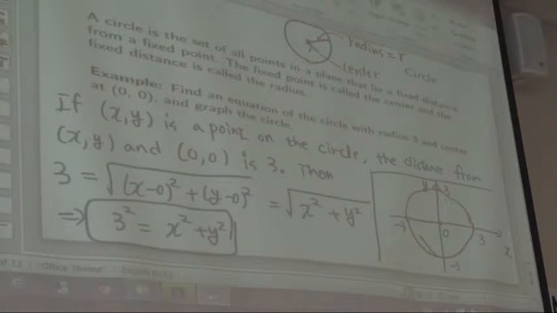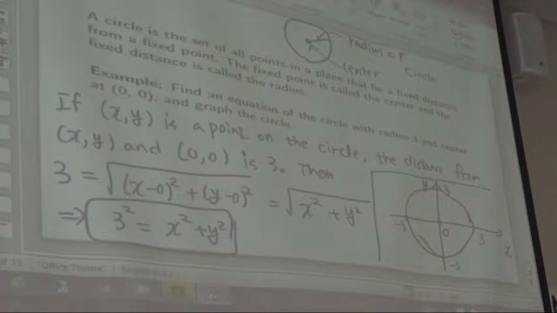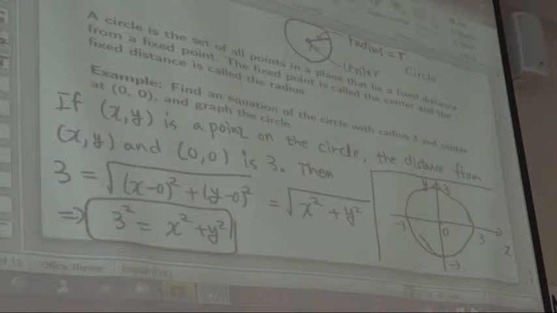And the circle is when you have a fixed point, which is also called the center, and a fixed distance, which is the radius. We collect all points whose distance from the center is the same as r, the radius. So we collect all those points, and that is simply the circle.